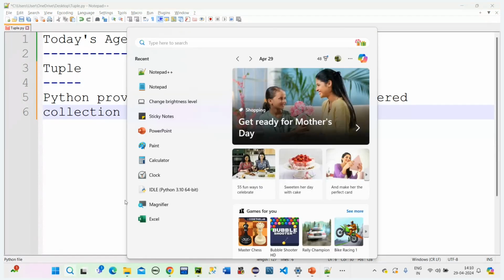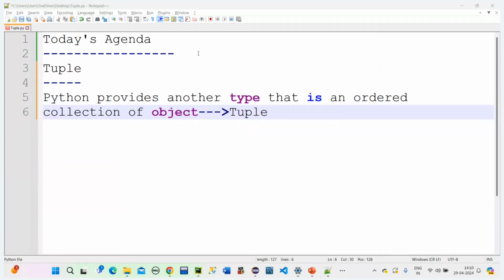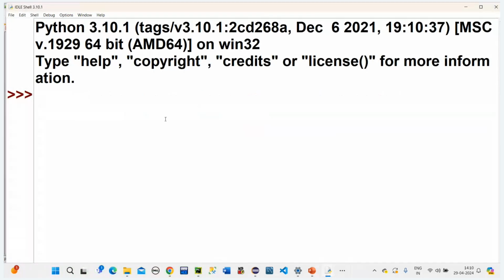Why is it ordered? Whatever we write, exactly the same output we get. Like here we write a is equal to, in the list, 1, 2, 3, 4, 5, 6.